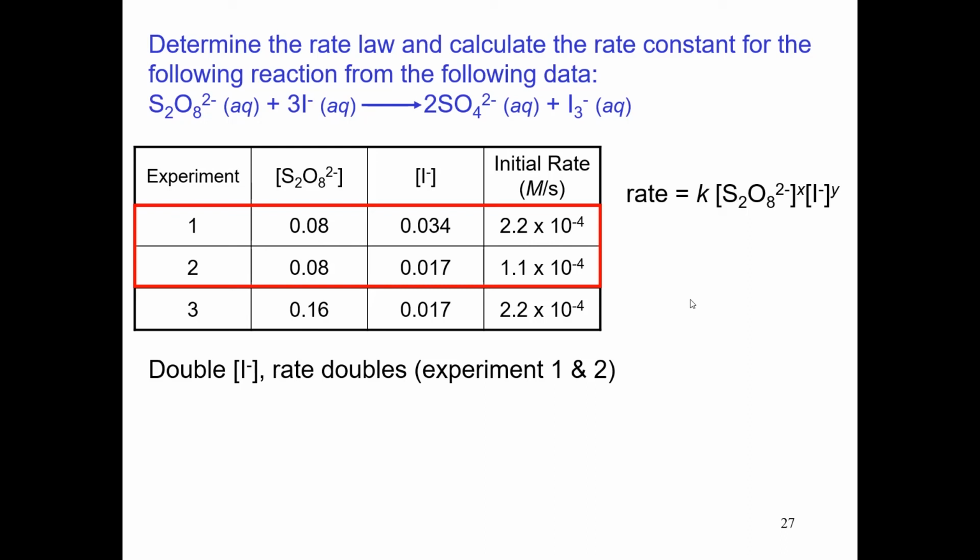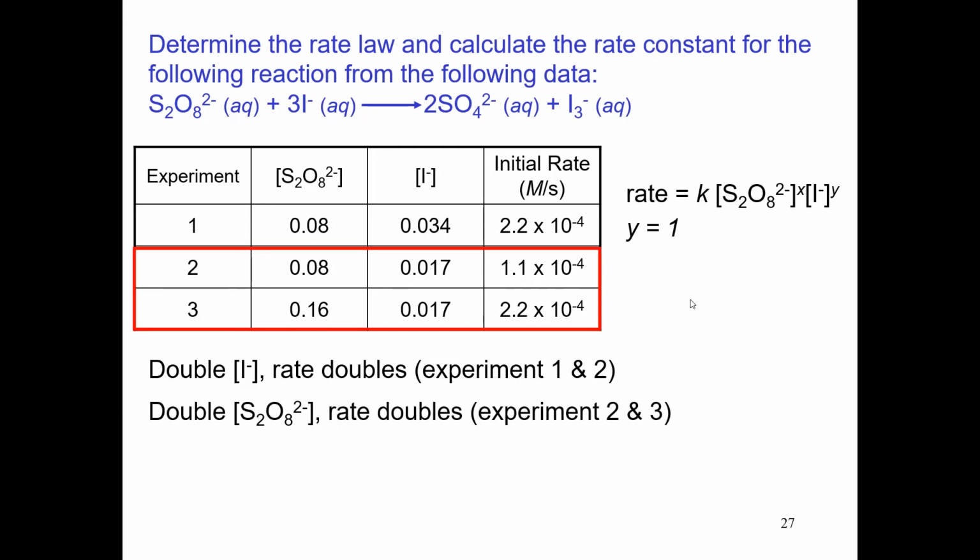So that means that there is a direct proportion between the rate and the exponent of iodide, which means Y would equal 1.